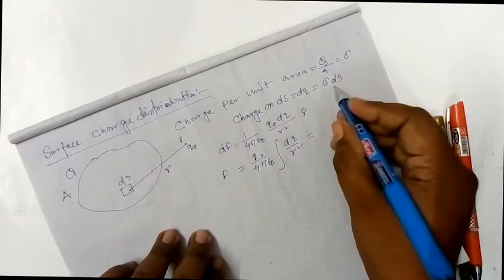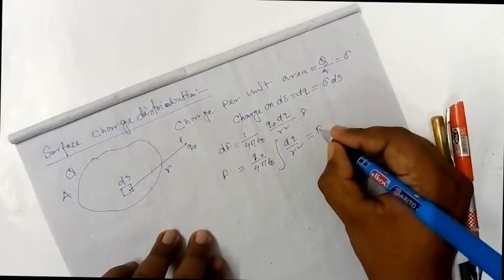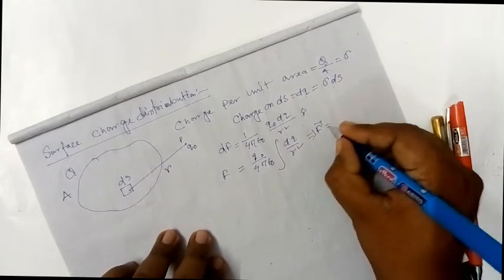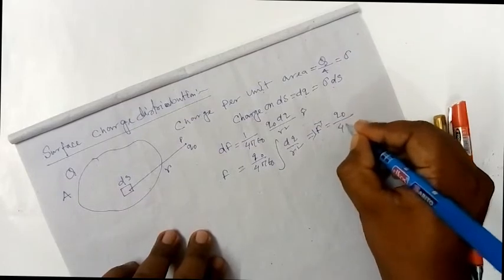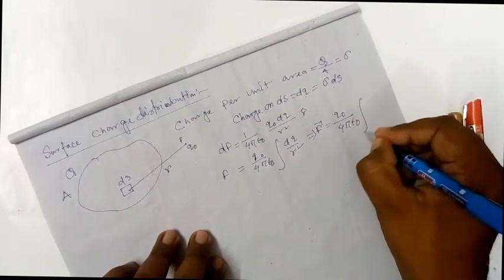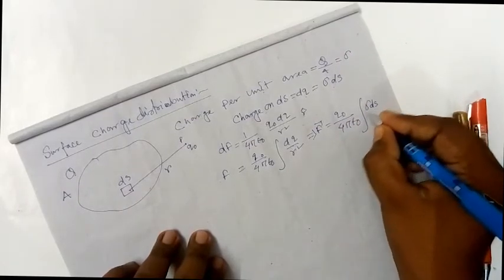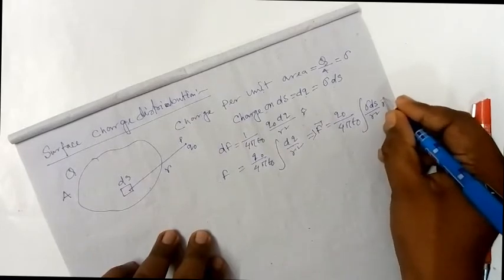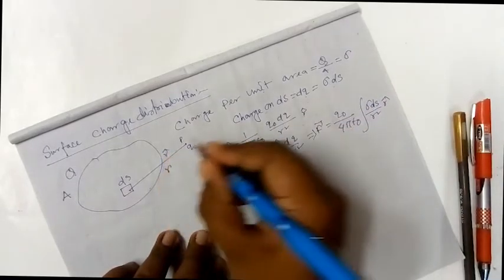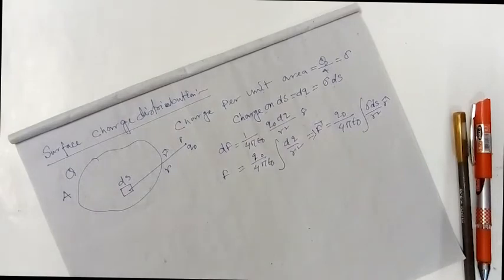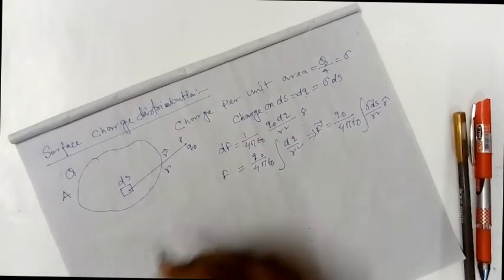Instead of dq, we have to write sigma dS. So F vector should be equal to q naught by 4 pi epsilon naught integration of sigma dS by r square r cap, where r cap is the unit vector along the direction of r.